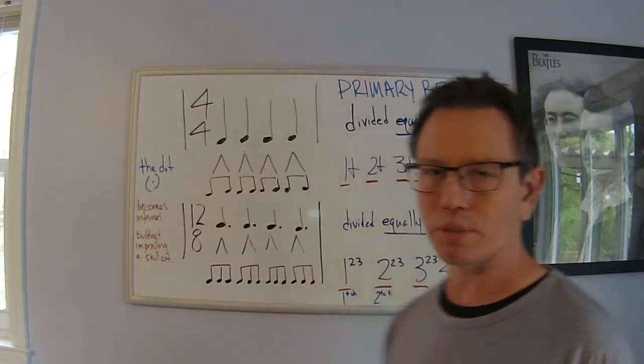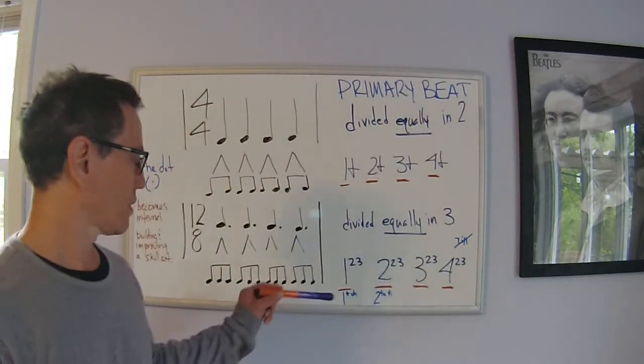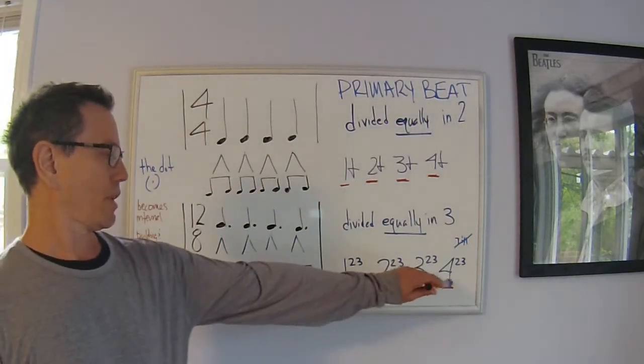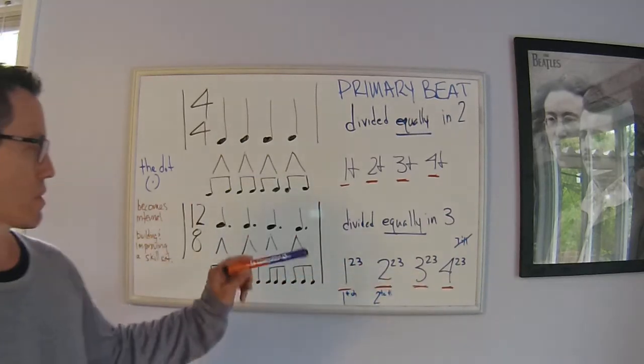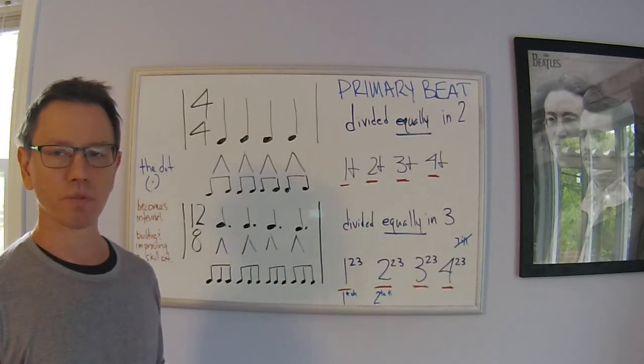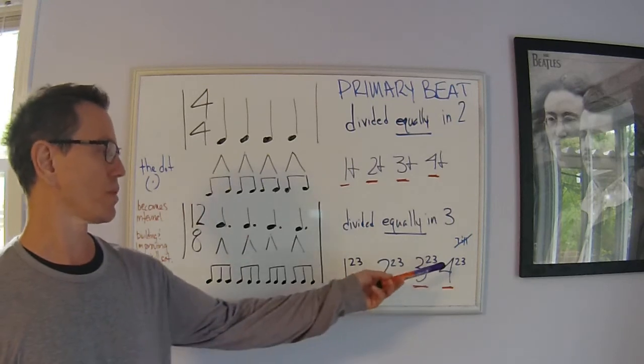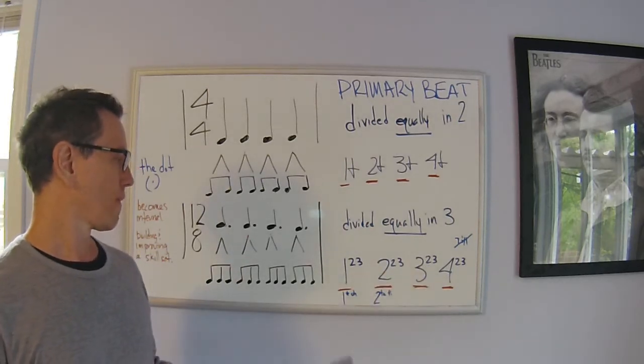People count this differently. I tend to count it with my primary beat, so I'm still counting 4, but what I'm counting is 1, 2, 3, 2, 2, 3, 3, 2, 3, 4, 2, 3.